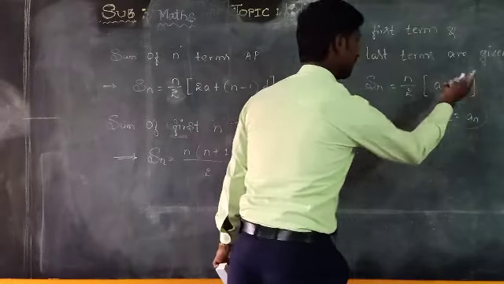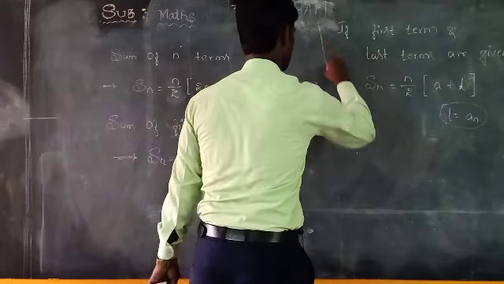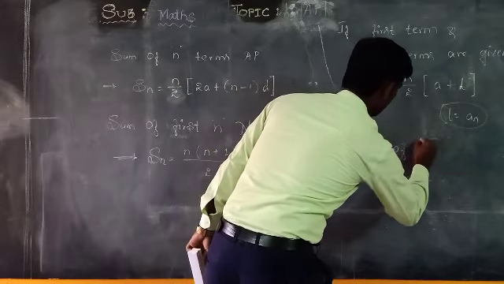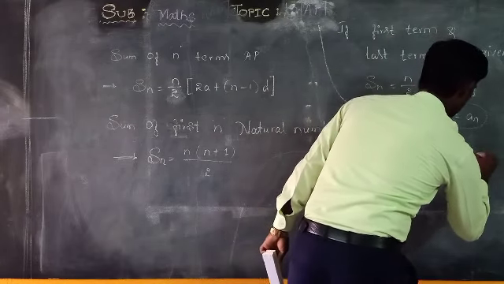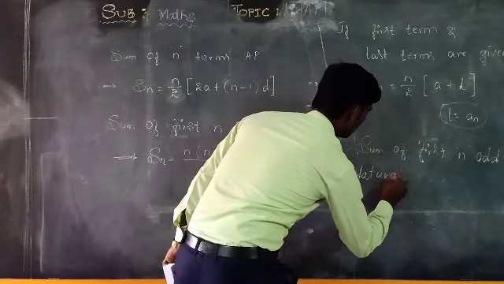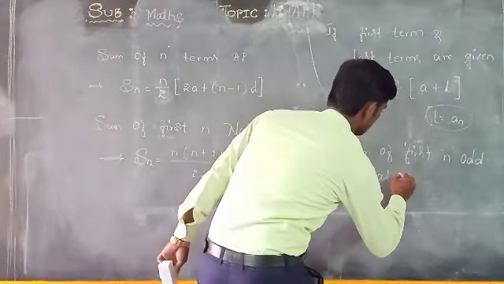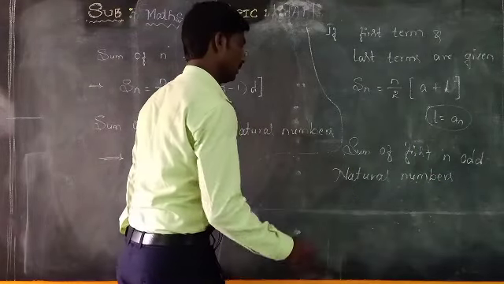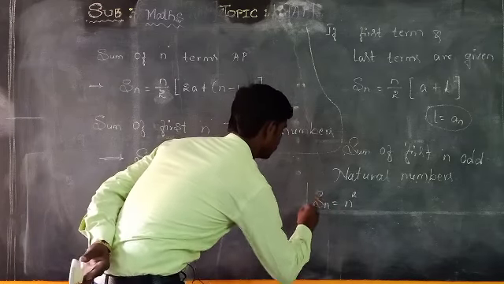Instead of L we can use an also. Next, sum of first n odd natural numbers. I think already in 8th standard, 2nd chapter, cubes and cube roots and playing with numbers, I gave this formula once. You may remember it. That is Sn is equals to n square.